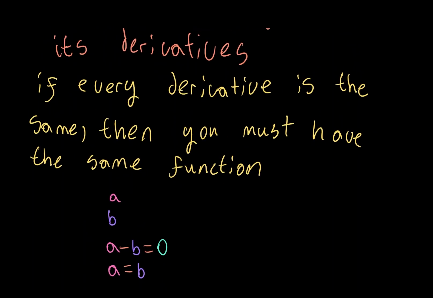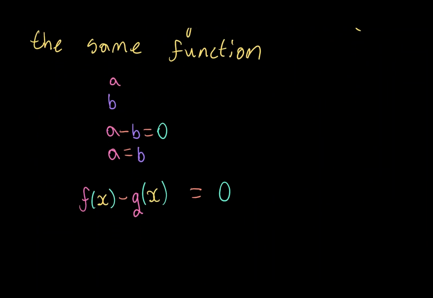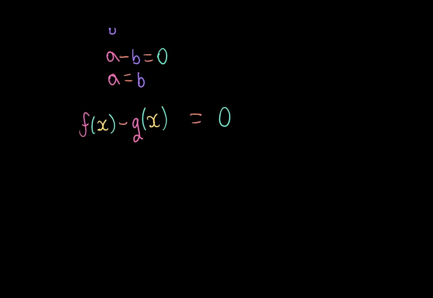All right. Well, let's expand upon this idea. If two functions are the same, then all their derivatives must match. So if f of x minus g of x is equal to 0, then f prime of x minus g prime of x must be equal to 0 as well.